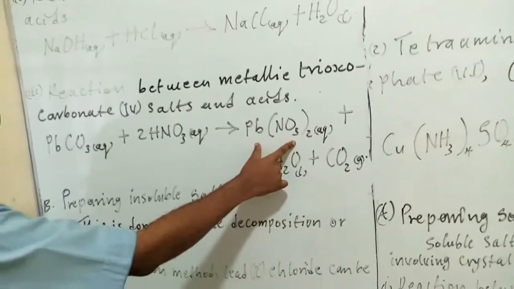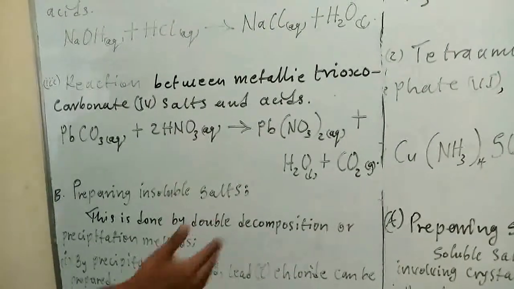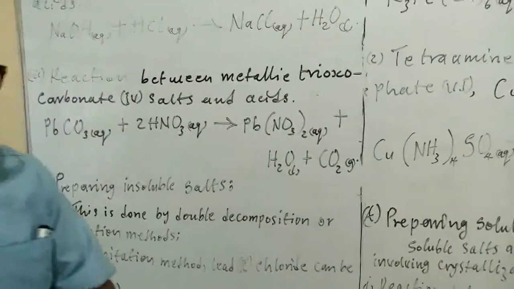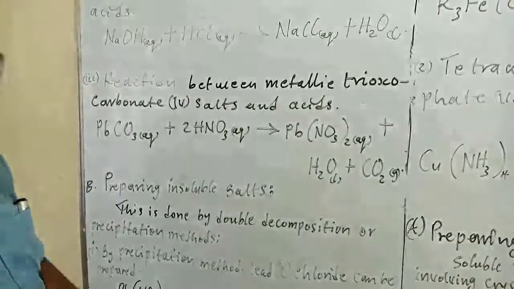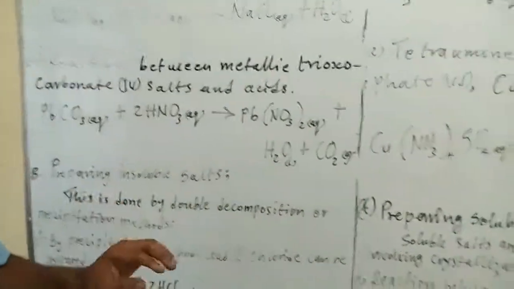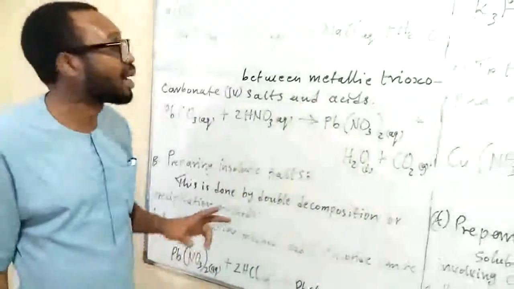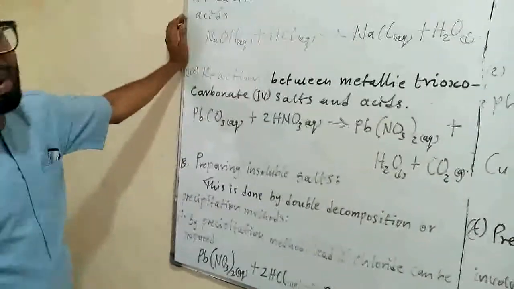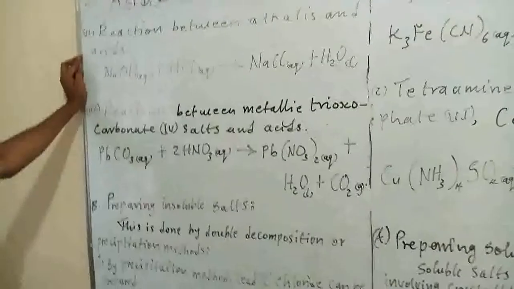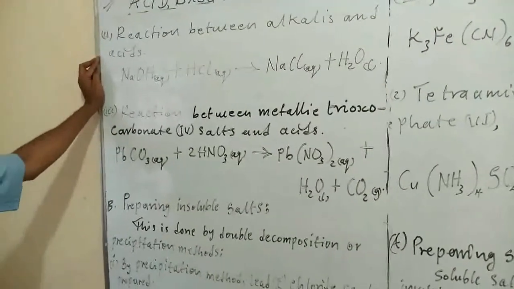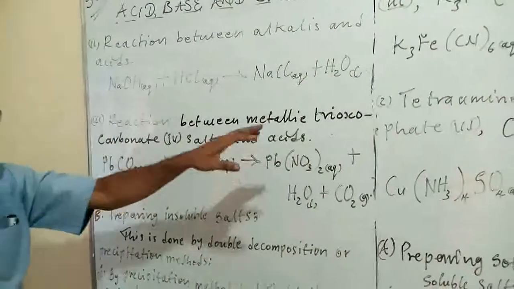So this salt is a soluble salt. Now if I quickly do a recap, preparing soluble salt, there are 3 methods involved. First is reaction between metals and acids. The second is reaction between alkalis and acids. And then the third is reaction between metallic carbonate salt and acid.